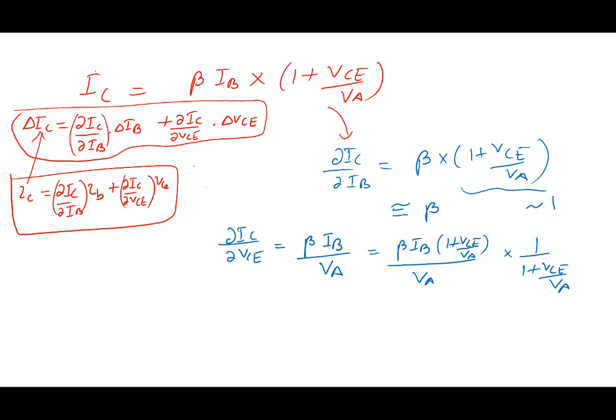No problem, multiplying and dividing by the same factor. So this factor we can write as IC by VA multiplied by 1 plus VCE by VA. What approximation am I going to make? Neglect this and say this is equal to IC by VA.